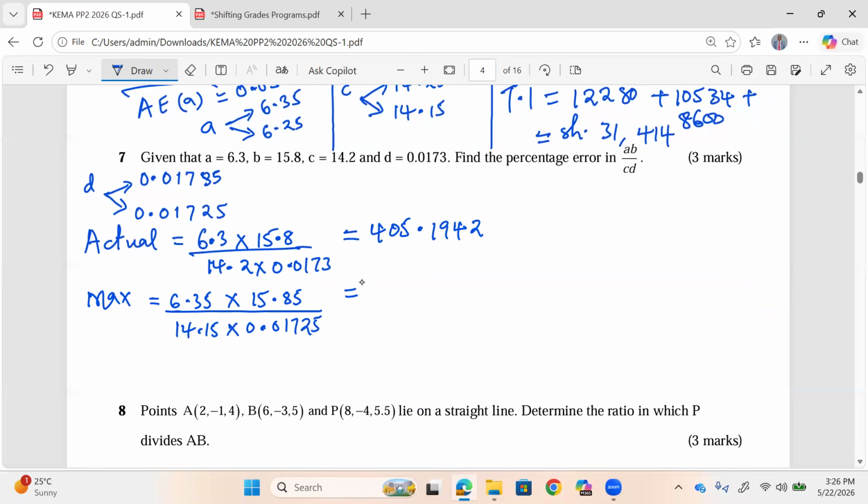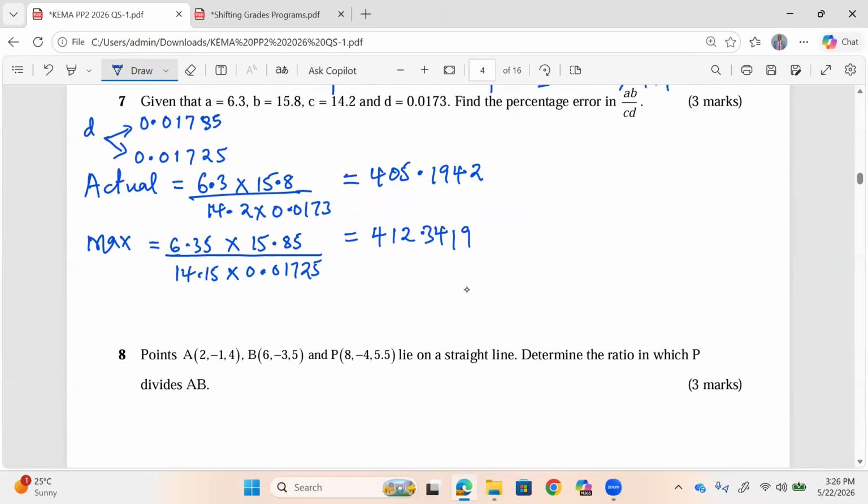What we get here is the maximum, 6.35 multiplied by 15.85 divided by 14.15 multiplied by 0.01725. This is exactly 412.3419 to the same accuracy of 4 dp.